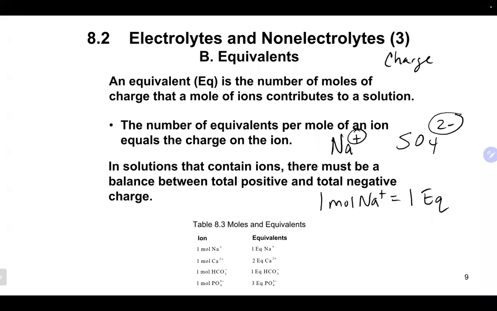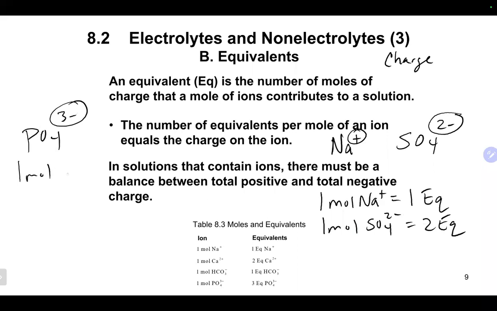And again, the minus doesn't matter here. It's actually the 2. And we could say for every 1 mole of sulfate, I would have 2 equivalents, which again is equal to the charge on the ion. Again, if you had phosphate, PO4 3-, 1 mole of phosphate would give us 3 equivalents.